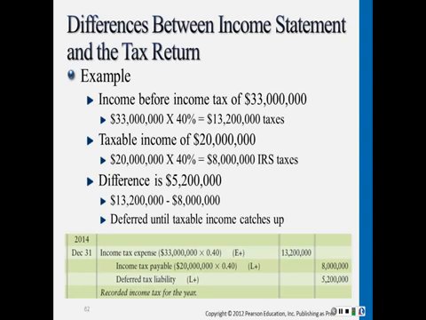It is deferred because the company will have to pay the $5,200,000 difference in future years on its tax return. The deferred tax liability account is long-term because it is related to a long-term depreciable asset.